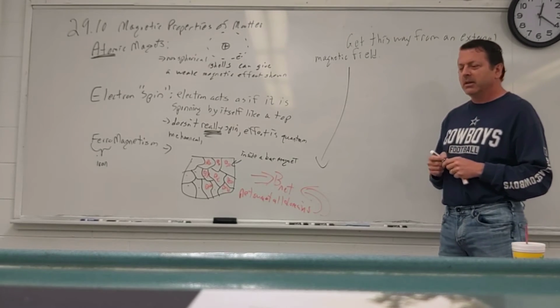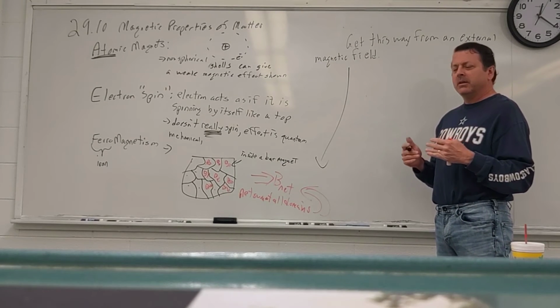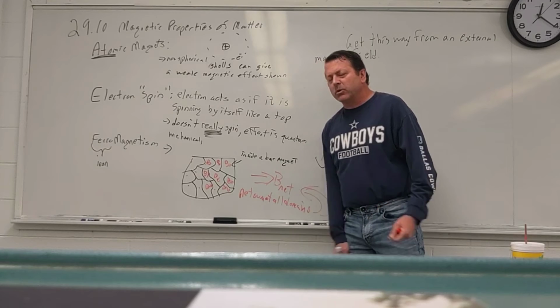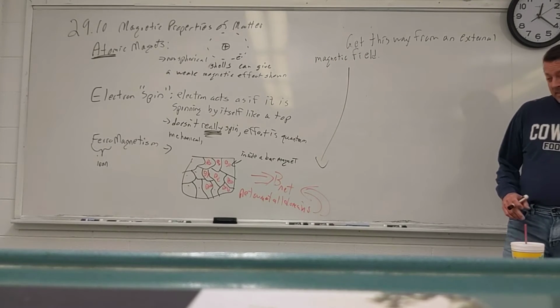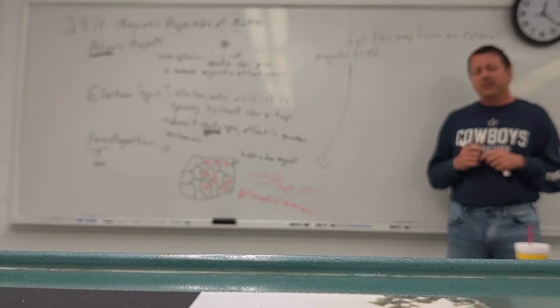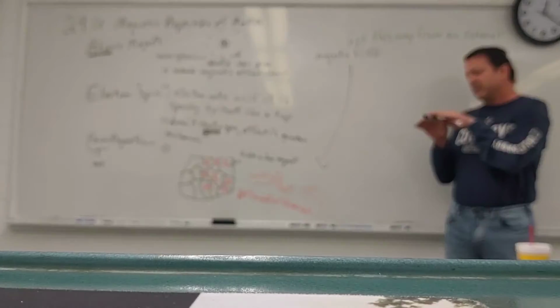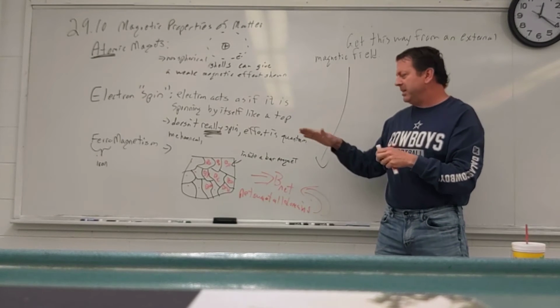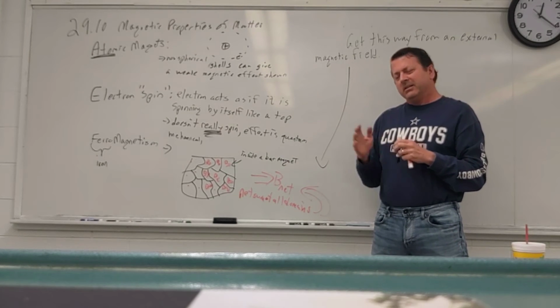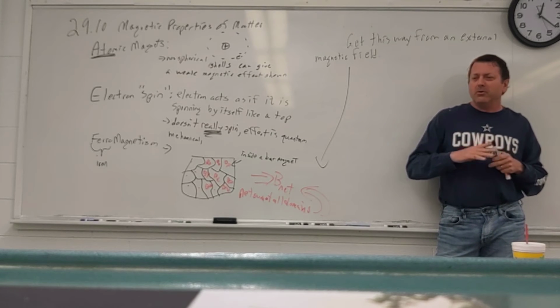Now lodestones basically were magical because they were like natural magnets. What happened was, as these rocks that had a lot of iron in them would cool down, the Earth's magnetic field, which the Earth always has, would tend to line up these magnetic domains. And some would line up more than others. If they cooled really slowly, it can help them out.